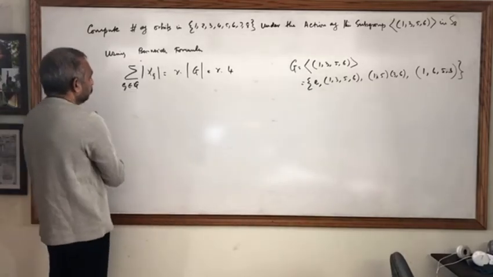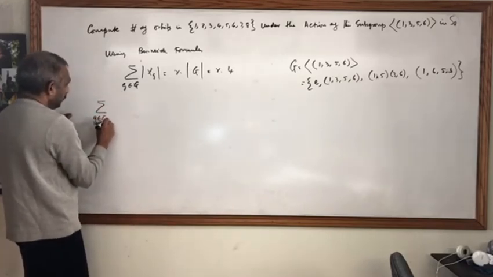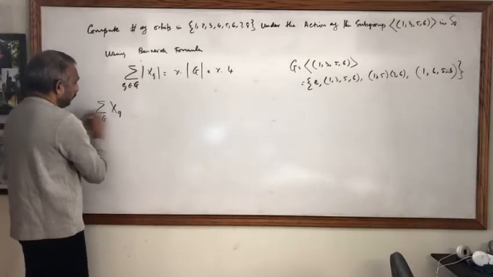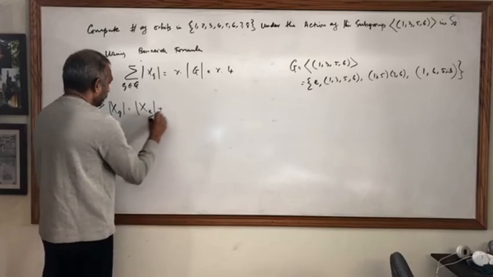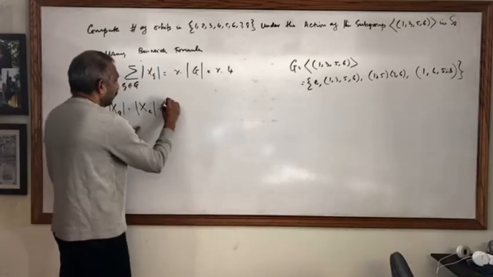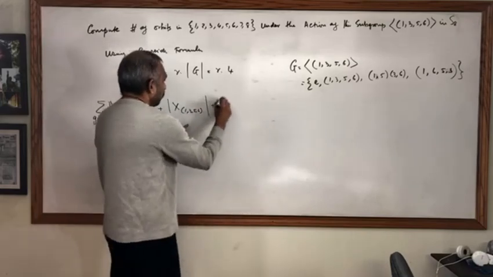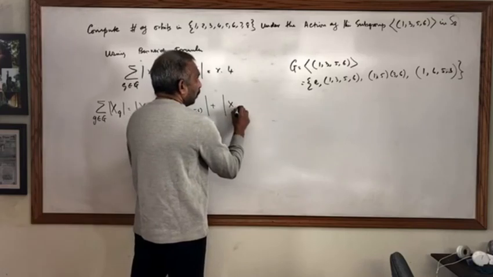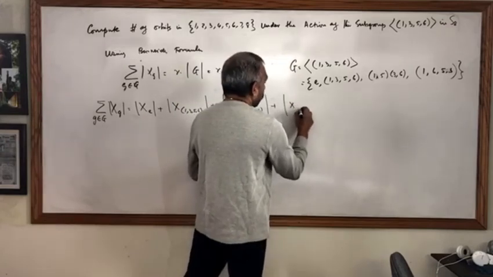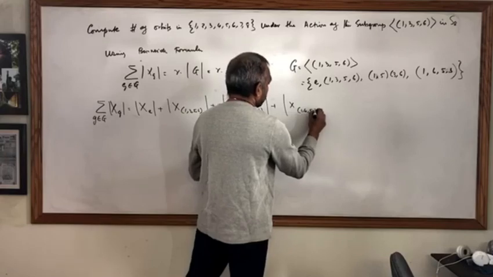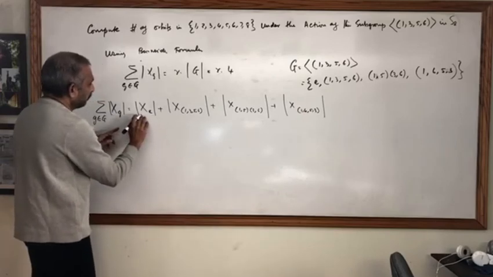So we need to find this: sigma over g in G of |Xg| is equal to |Xe| plus, as there are 4 elements in G, |X(1, 3, 5, 6)| plus |X(1, 5)(3, 6)| plus |X(1, 6, 5, 3)|. And what is the definition of this?